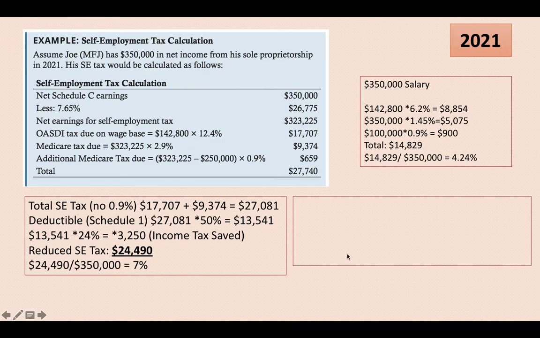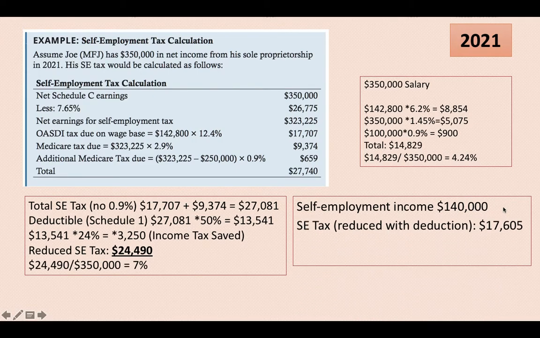Let's say your Schedule C net income is only 140,000. If you only have 140,000 income, then your SE tax, reduced with the deduction, even if I take out the deduction from your income, is 17,605.